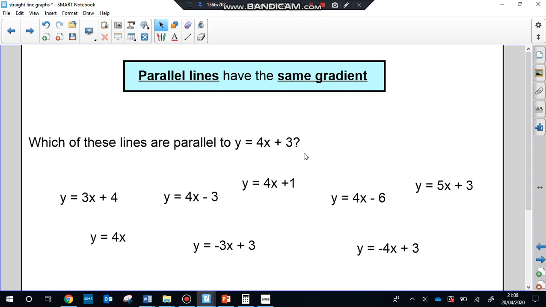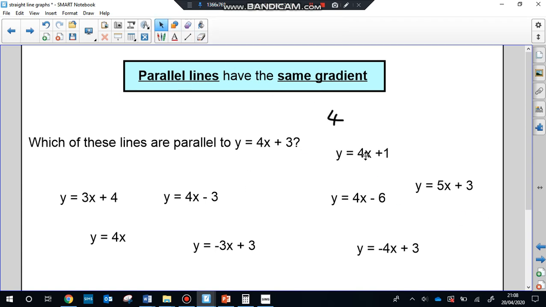Okay. So it says here, parallel lines have the same gradient, and we learned in previous lessons that the gradient is the number that multiplies the x. So the gradient of this line here is 4. So I'm looking for all the equations here that have a gradient of 4.